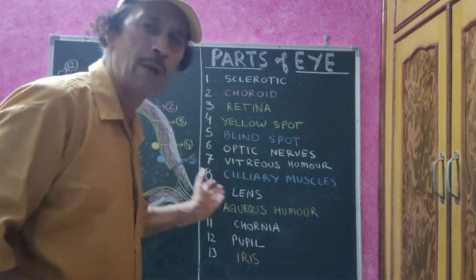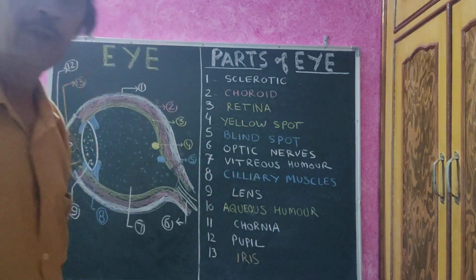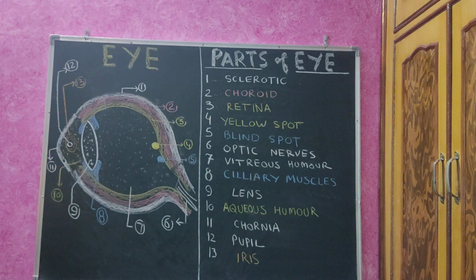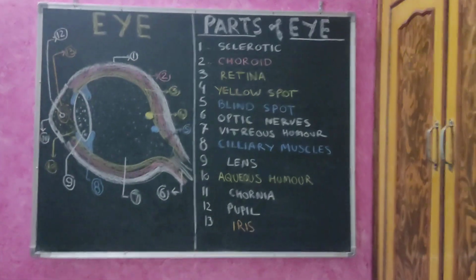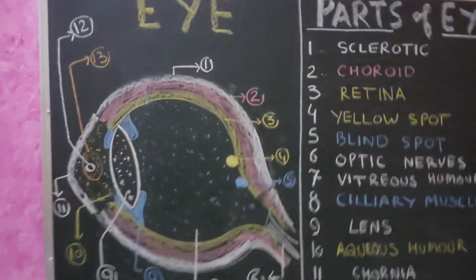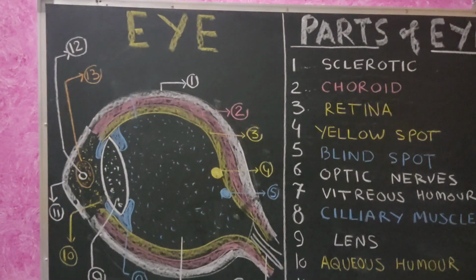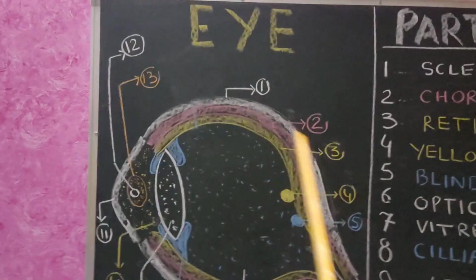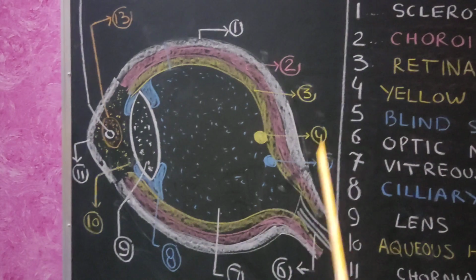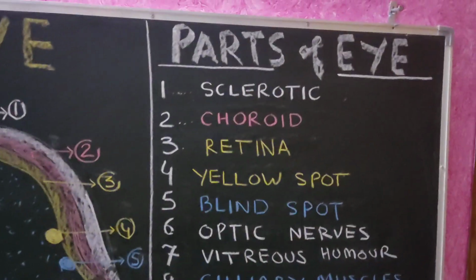I have drawn a diagram on this blackboard. I will show this diagram, and then we will zoom in and get closer to it. So here on the left side is the color diagram of the eye, showing the various parts.